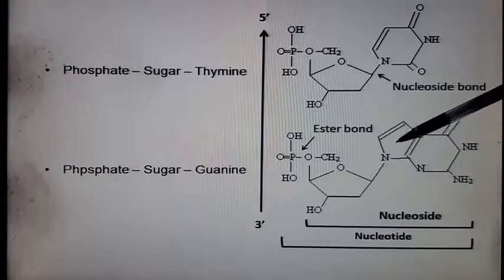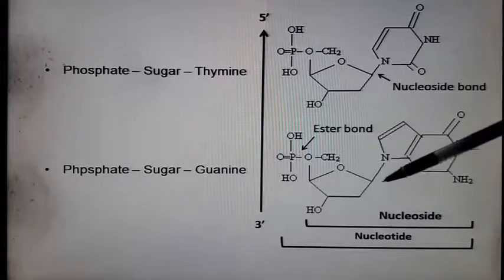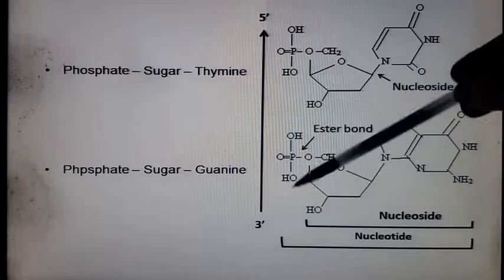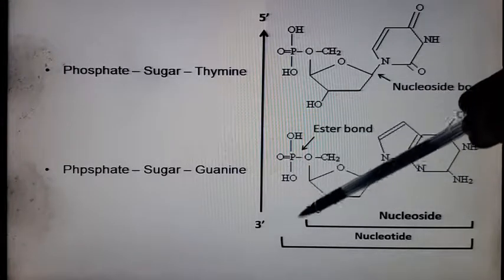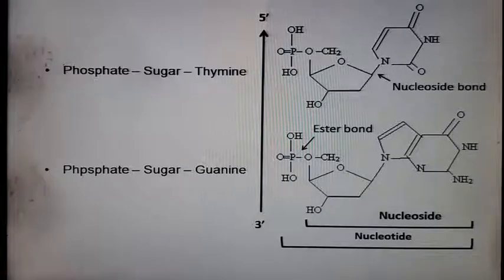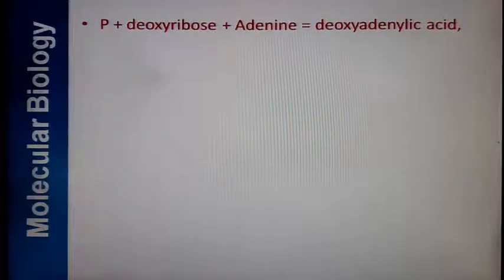So purine forms a 1 and 9 nucleoside bond. Sugar and nitrogen base together form a nucleoside, and when phosphate is attached to the nucleoside, it becomes a nucleotide. In this way, 4 different nitrogen bases form 4 types of nucleosides and 4 types of nucleotides.